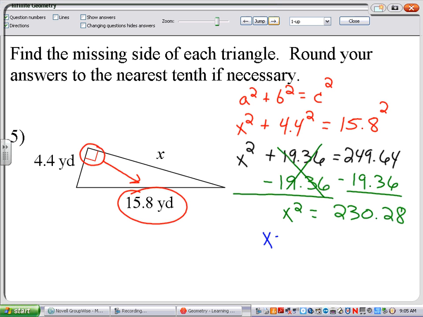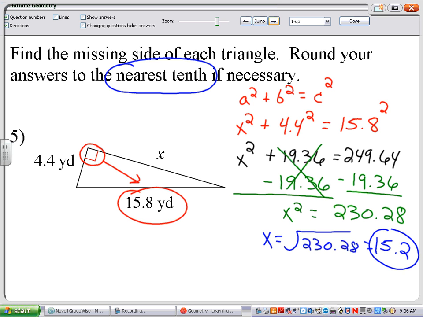My X answer is the square root of 230.28. And I get 15.17. Got to watch my rounding. 15 point. Now I want the nearest tenth. 15.17 rounds up to a 0.2. 15.2 would be my answer.